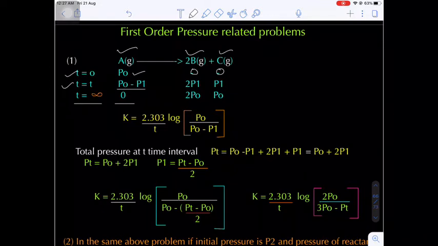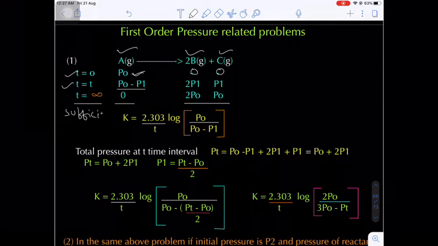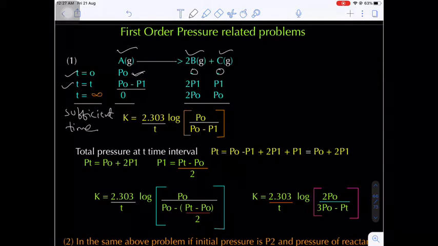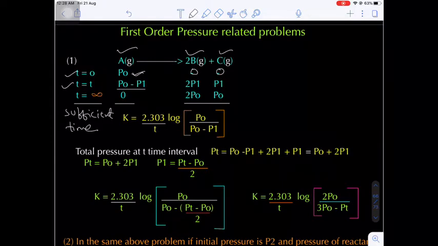Whatever the partial pressure of the reactant was will be converted into products. So 2P0 and P0 will be the partial pressures of B and C at infinite or sufficient time interval, since the stoichiometry of B and C is 2:1.